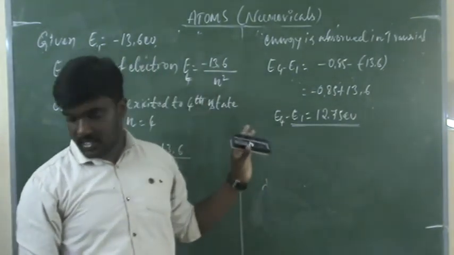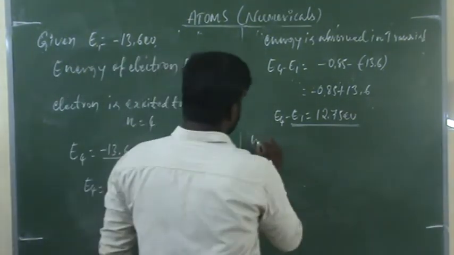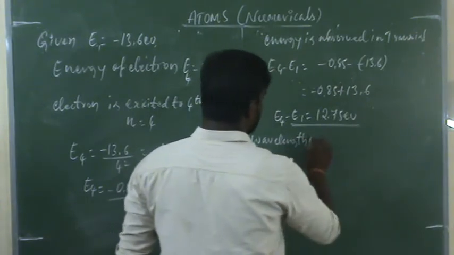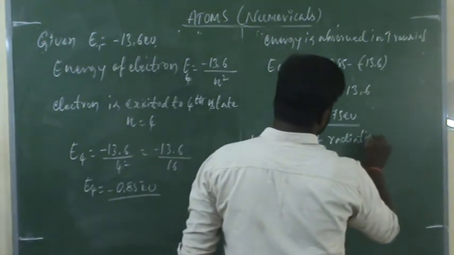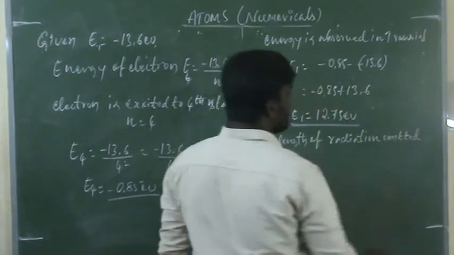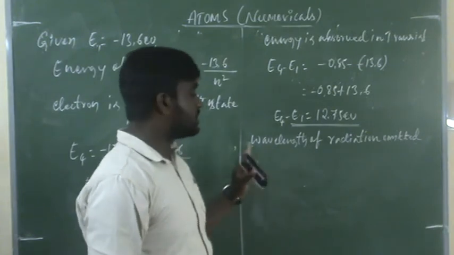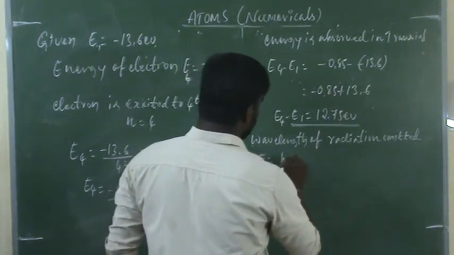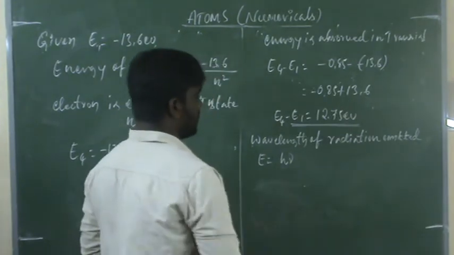Clear? Next question: wavelength of radiation emitted. So we already know from the previous class, dual nature of radiation, that the energy of a photon is equal to h nu.